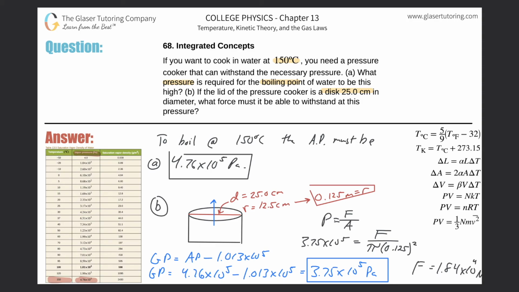That's the force that the lid has to withstand so that it doesn't blow off. You could convert that into kilograms. If you took that and divided it by 9.8, that's about 2,000 kilograms. It's actually quite a high pressure, so those things have to be quite strong.